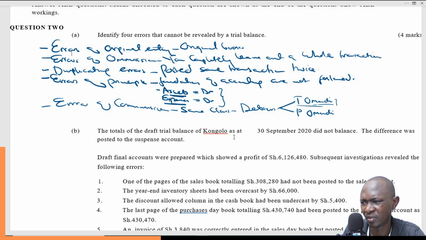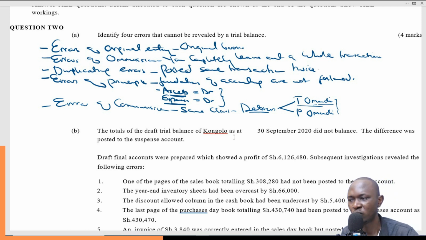These are two different people, but the same class. All of them are debtors. So instead of debiting T Omondi, you debit P Omondi. And of course, there is the respective credit account on the other side. So the problem is here. Instead of posting to T Omondi, you ended up posting to P Omondi.